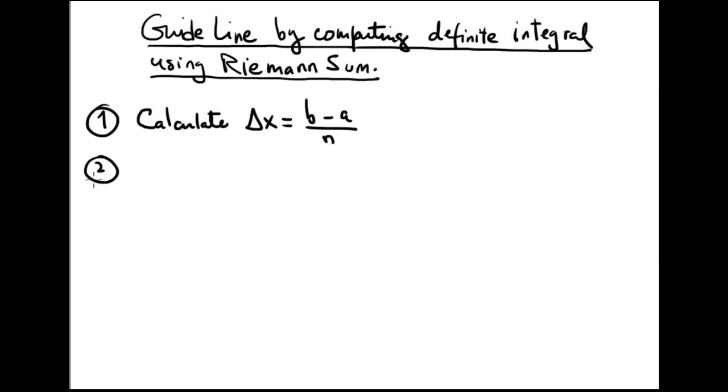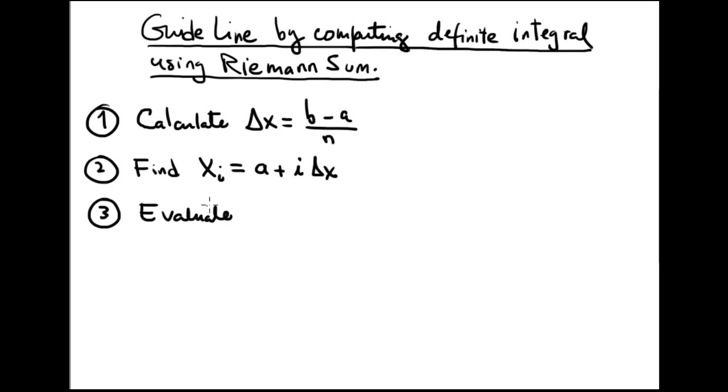The second step is compute x sub i, which is equal to a plus i times delta x. The third one is evaluate f at x sub i, f of x sub i.